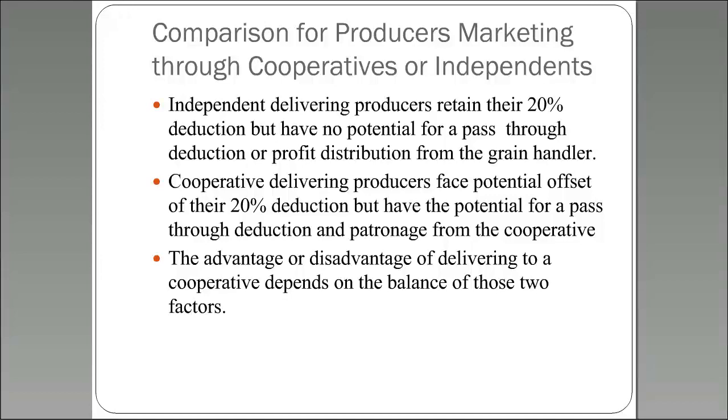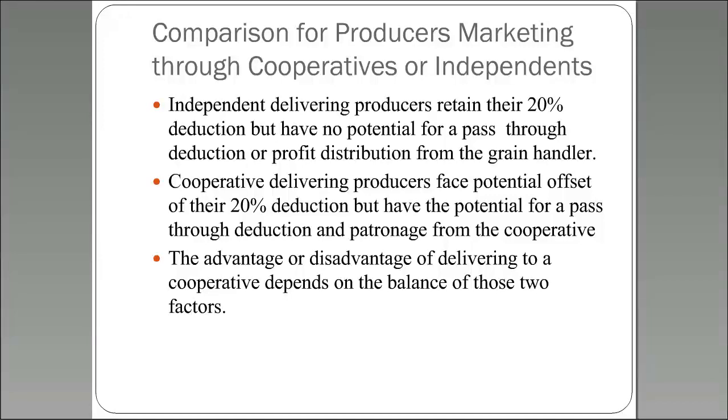So you've got your 20% deduction, but no other upside. If you deliver through the cooperative, you do face this potential offset in your 20% deduction, but you also have the potential for a pass-through from the cooperative, and also, of course, patronage from the cooperative.